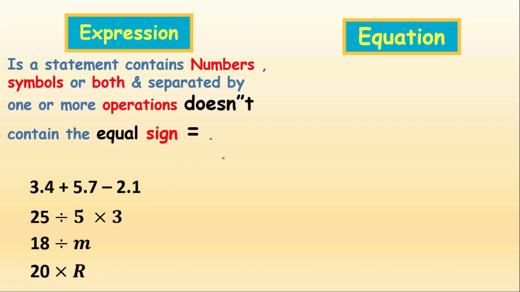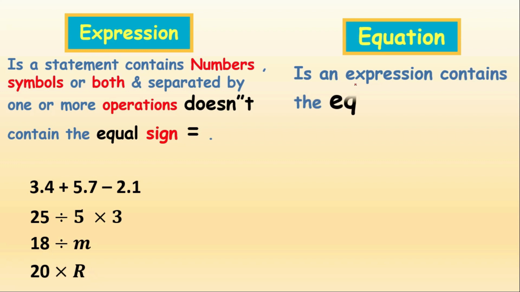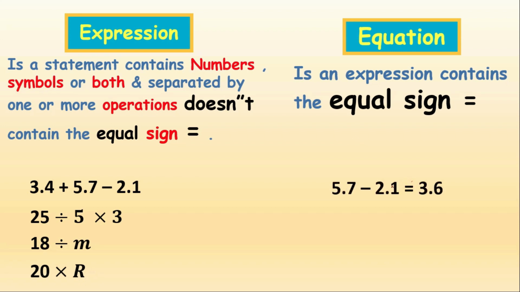Okay, so now let's talk about equation. It's already an expression, but it contains an equal sign. For example, 5.7 minus 2.1 equals 3.6. Is it an expression or equation? It contains an equal sign, so it will be an equation. Another example, 25 divided by m times 3 equals 15.